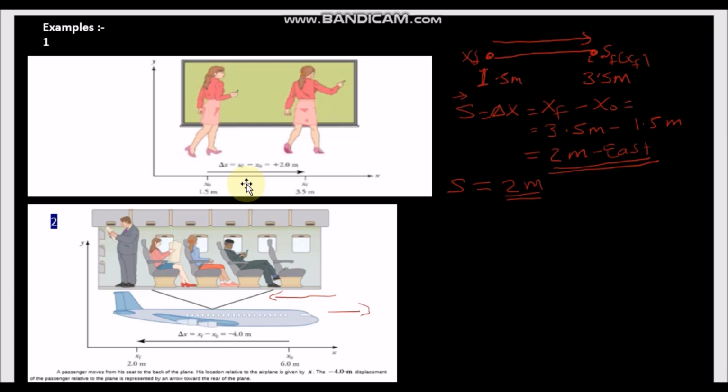Then look at this position. It was 6 meter, at this position it was 6 meter at the initial position, because the man moves towards east, and finally he arrived here at this position, 2 meter.